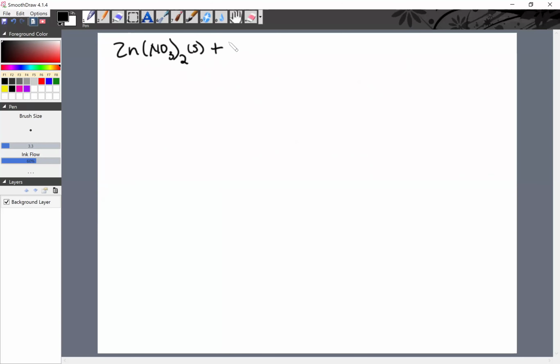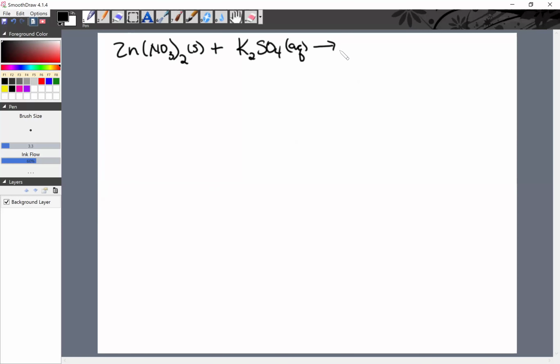And I'm going to react it with some potassium sulfate. Again, I'm choosing the form and the kind, and I'm going to grab a bottle of it off the shelf in the aqueous form. And my question is, will they react?